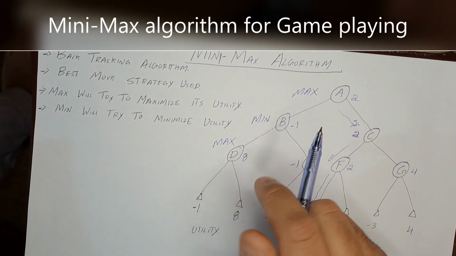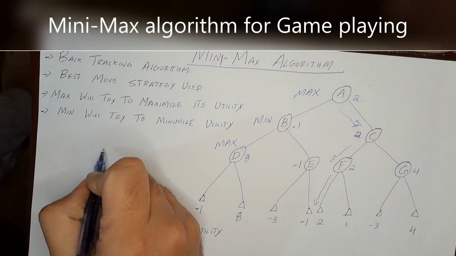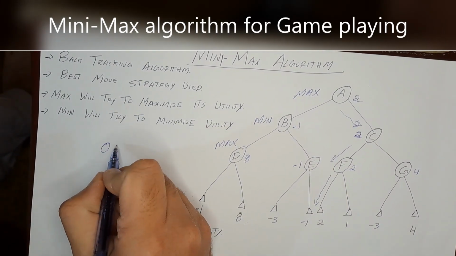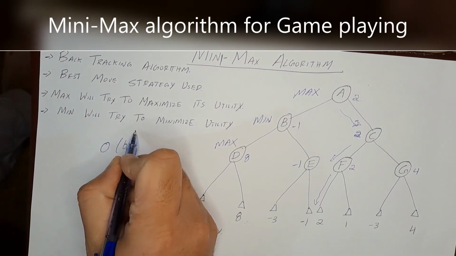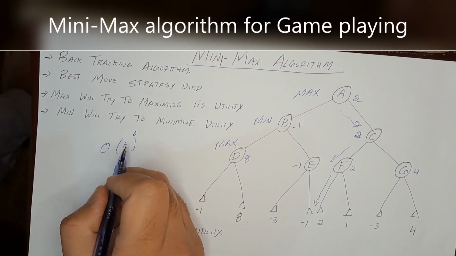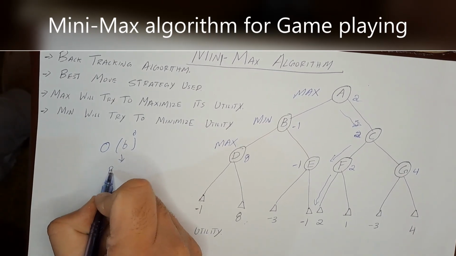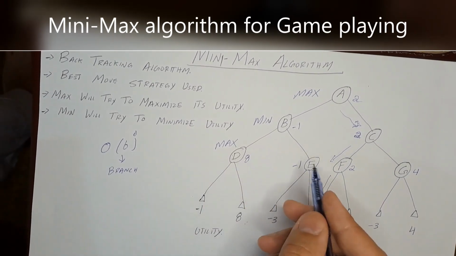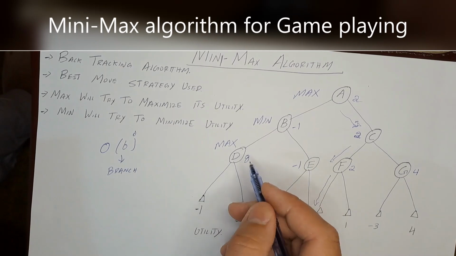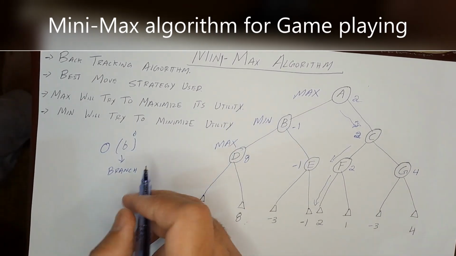Now we see the complexity of the minimax algorithm, that is Omega b power d. Here b is the branching factor. It means how many branches are available at each level during the minimax algorithm.